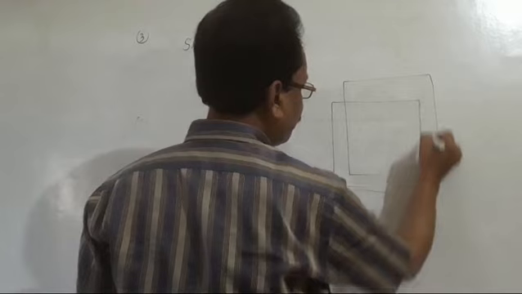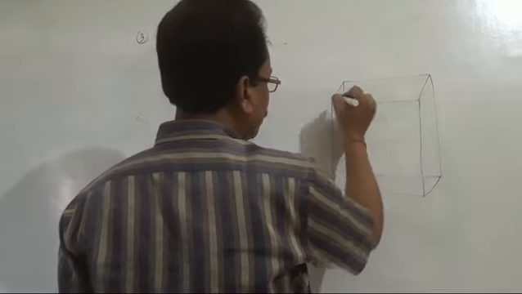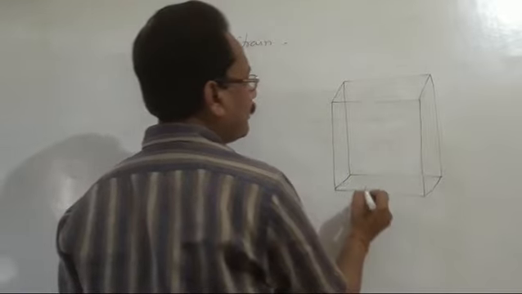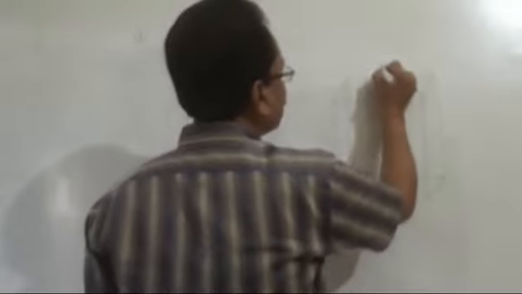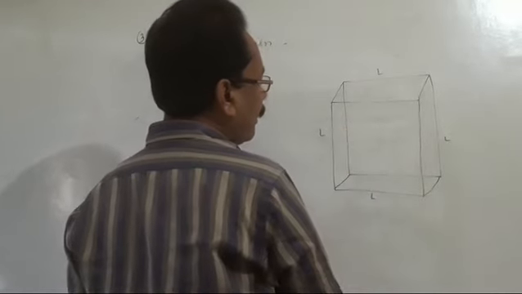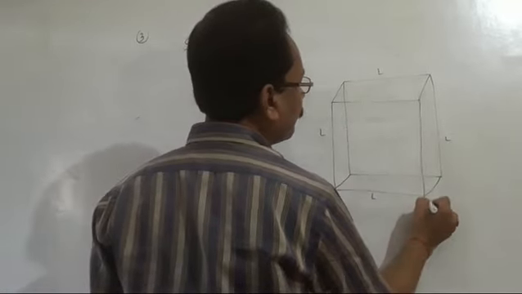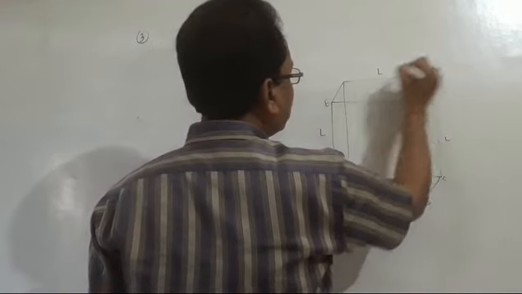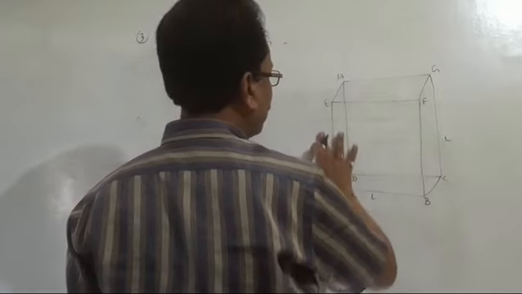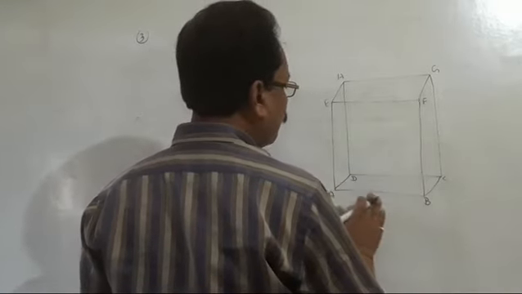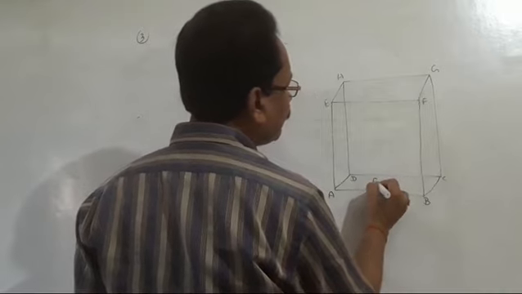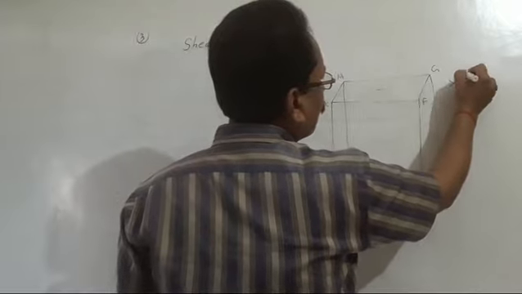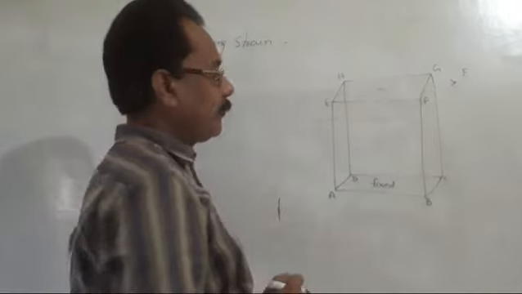All sides of it are equal, so L. Now name it A, B, C, D, E, F, G, H. Now its lowest end is fixed, and we are applying a tangential force on its upper surface.